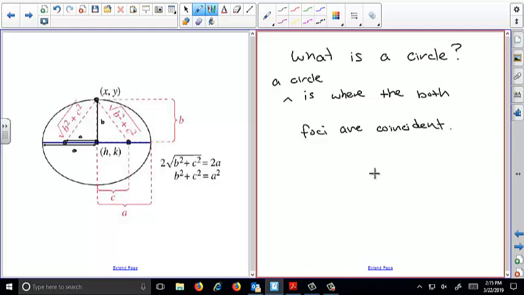That just means they're in the same spot. So as these foci come together, as they approach the center of the ellipse, the ellipse becomes more symmetric and becomes more like a circle. And when they actually meet each other, then it just becomes a circle. So that's what a circle is.